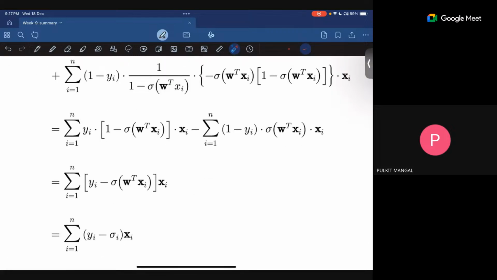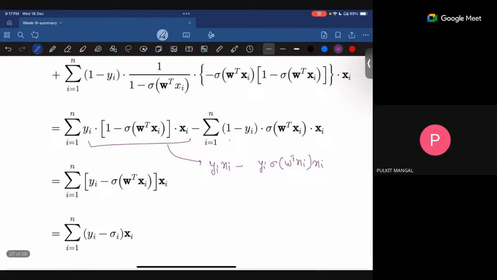Now, if you simplify this term here, first of all, it is yi xi minus yi sigma W transpose xi xi. And this term here you will get is sigma W transpose xi xi minus yi sigma W transpose xi xi.